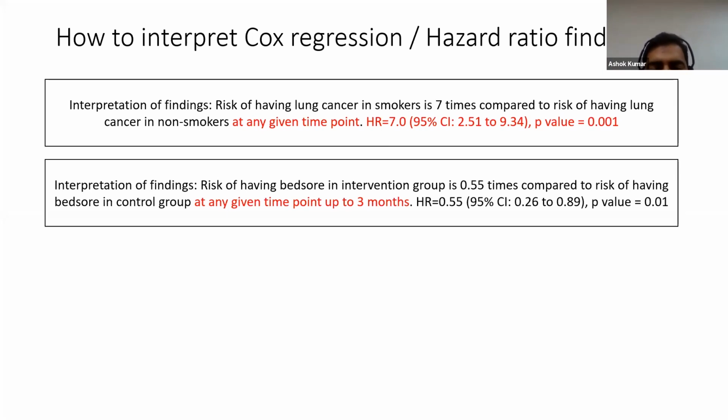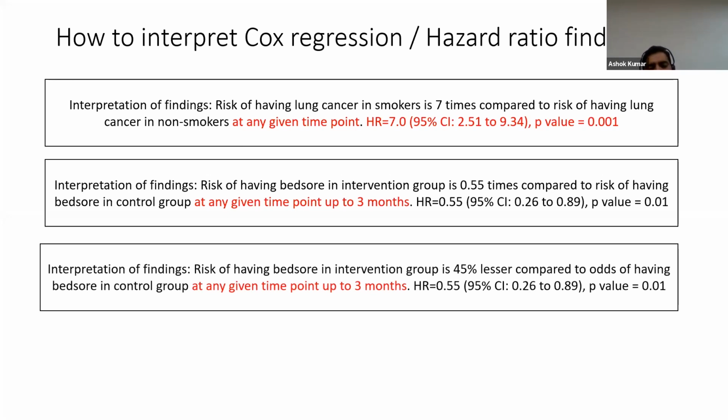But I can say up to 3 months, at any time point, meaning 15 days, 30 days, 60 days and 90 days, the hazard ratio is 0.55. But if I go to 120 days, no, I cannot say.